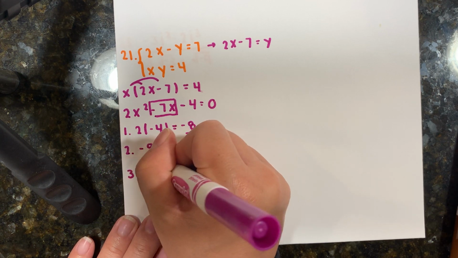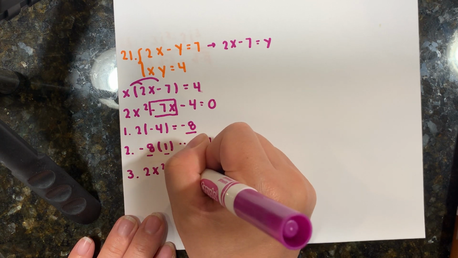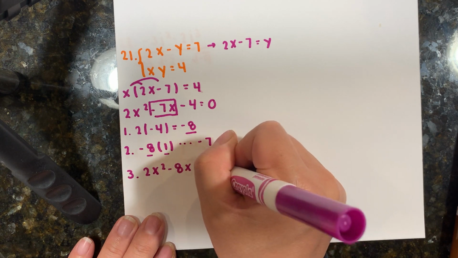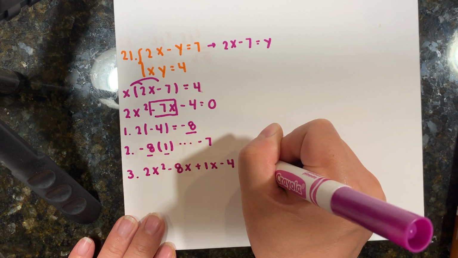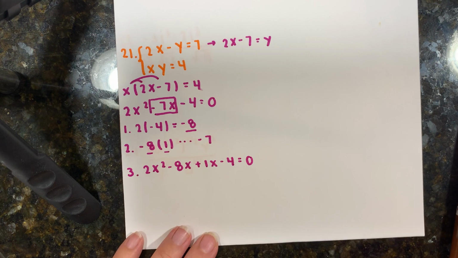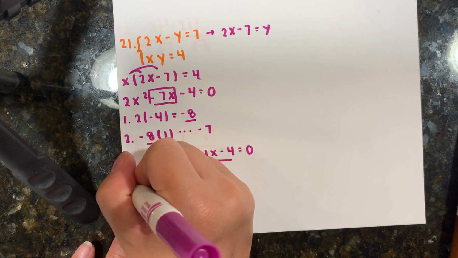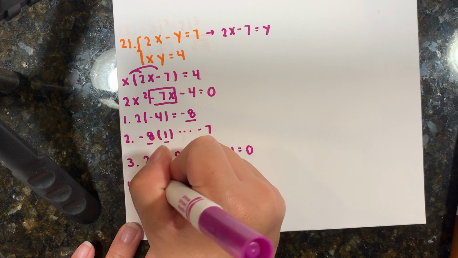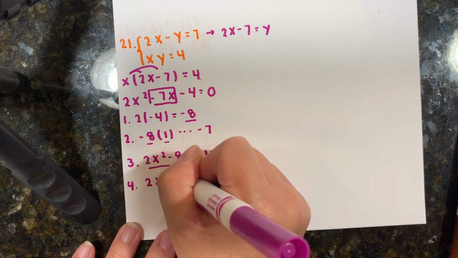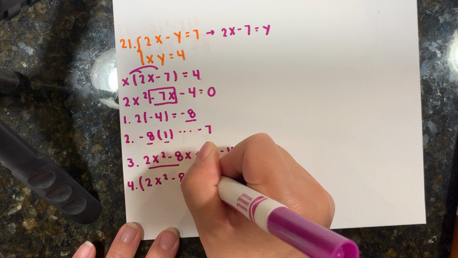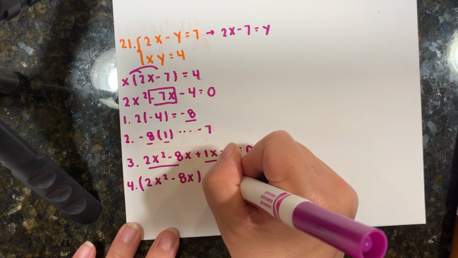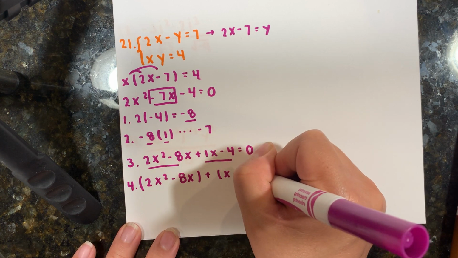So you get 2x squared minus 8x plus 1x minus 4 equals 0. I'm going to put this together and this together. So 2x squared minus 8x, and then plus x minus 4.